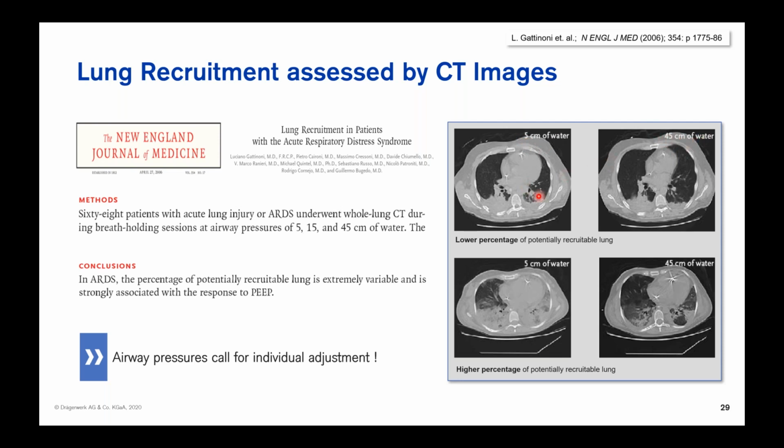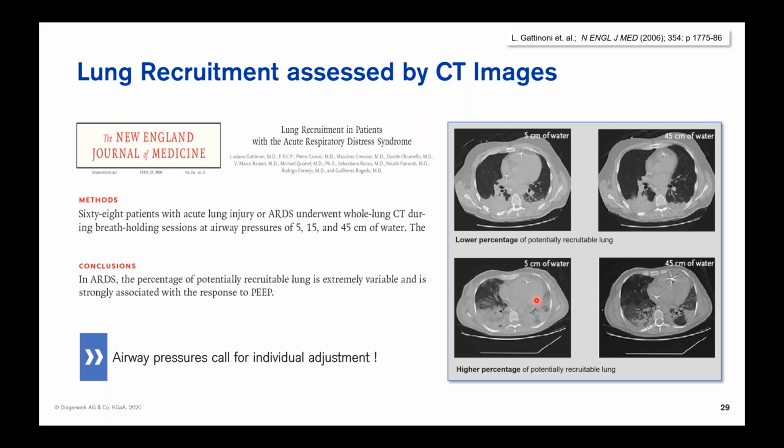So in some patients with a lower percentage of potentially recruitable lung, we see almost no differences in the ventilation distribution. The only effect that we see is that the heart, or the mediastinum, is pretty much compressed.